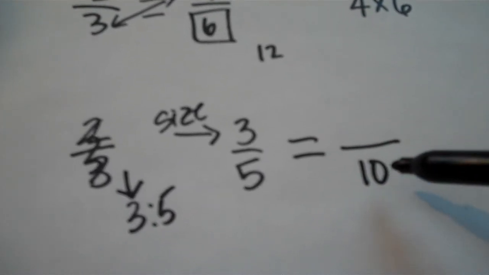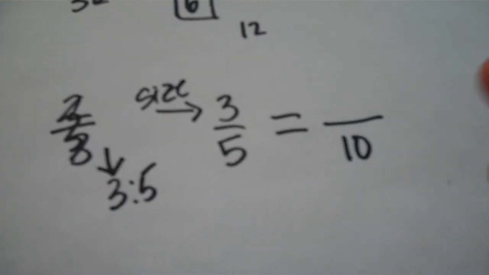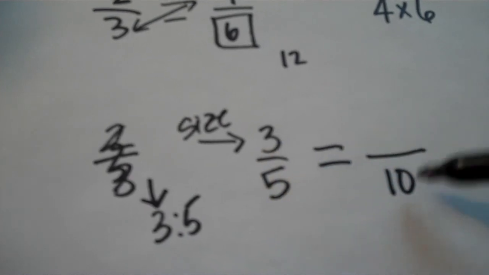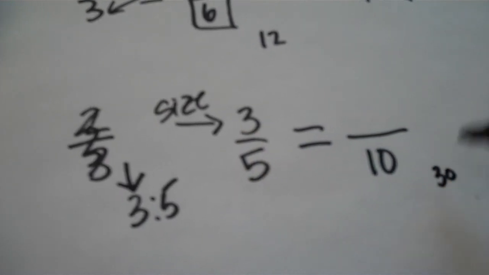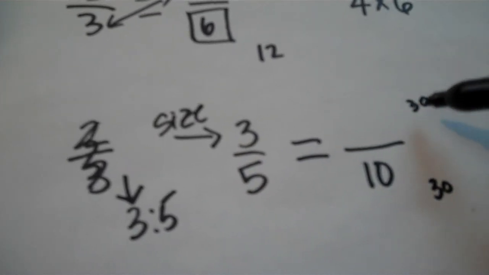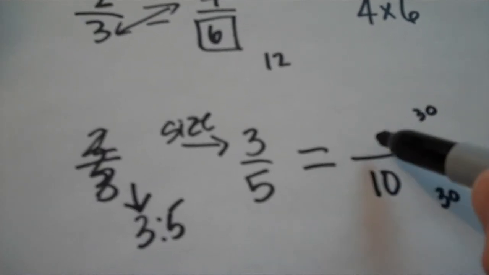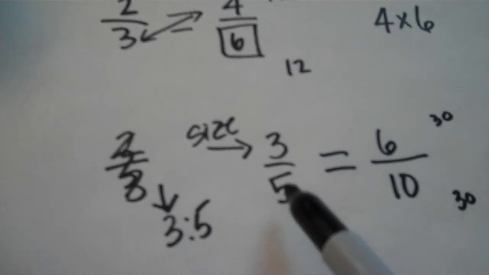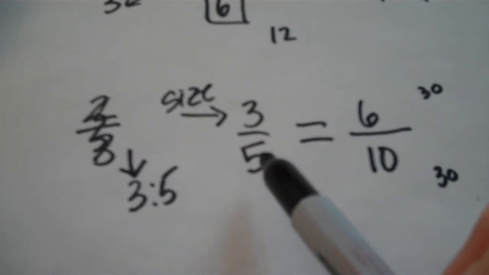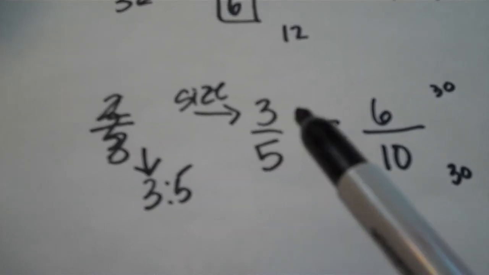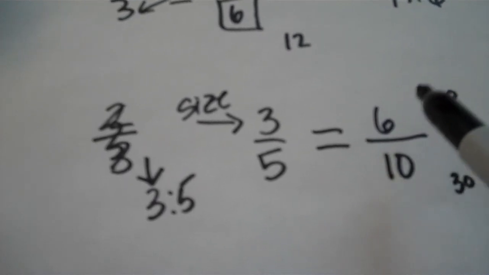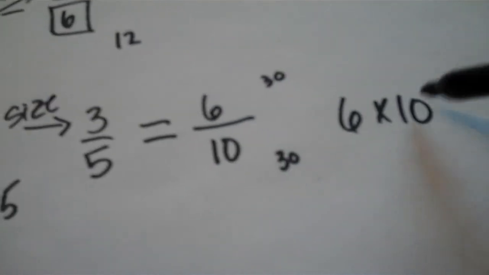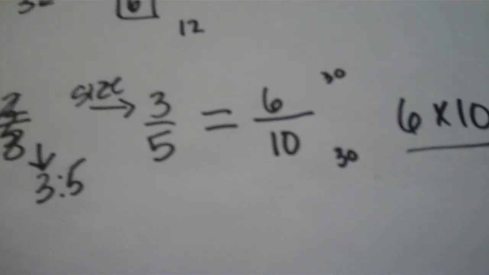So I want my bottom number to be 10 because that's the width that we want. The way we do that is we take 3 times 10, which is 30, and we put the 30 up here so we know 5 times what is going to equal 30. Well, that would be a 6. So if we change our 3 by 5 ratio rectangle to a size 6, it's going to give us a resulting 6 by 10 rectangle.